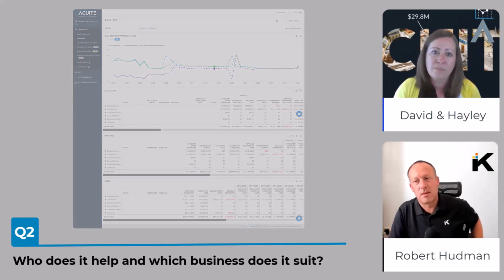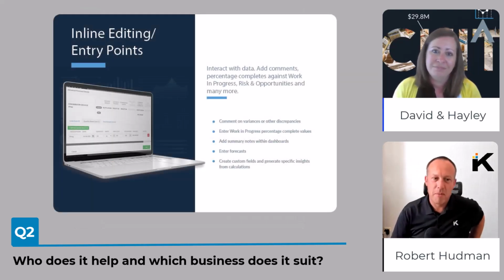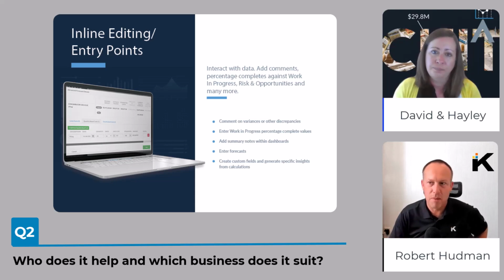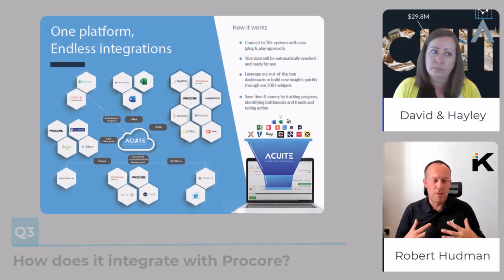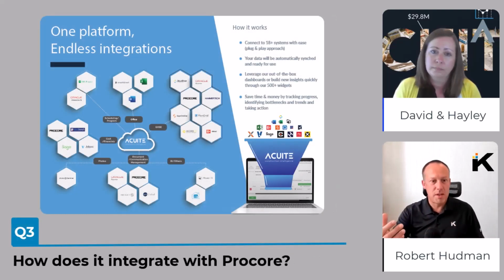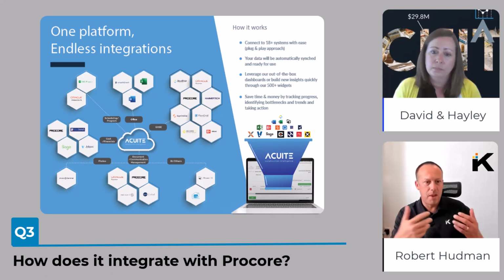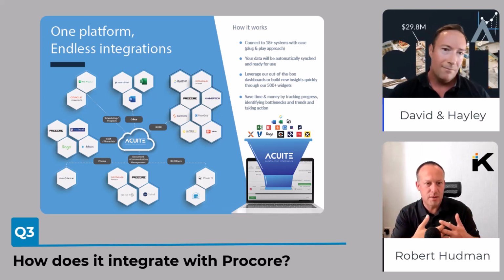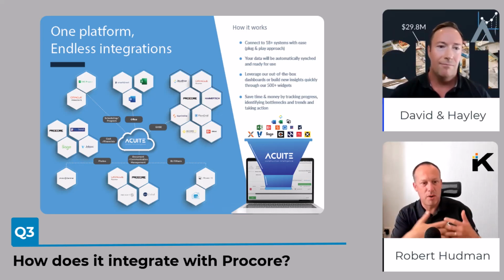Okay. Sounds like maybe not everyone, but there's a lot of people who are engaged in using Acuite, which is reflective of the way we're seeing Procore used as well, which brings us to our next question. If we're a Procore customer looking at potentially getting Acuite and evaluating if we're going to go ahead with it, explain at a high level what data connects, or what connection points are there between Procore and Acuite, and how does that work?